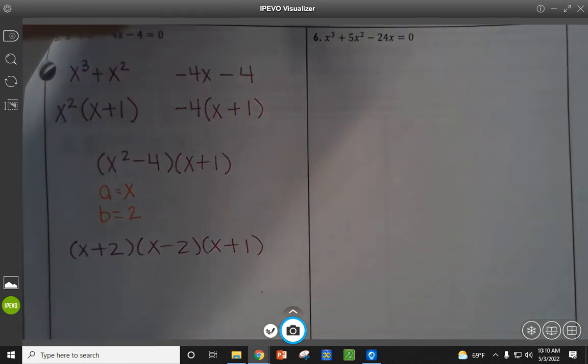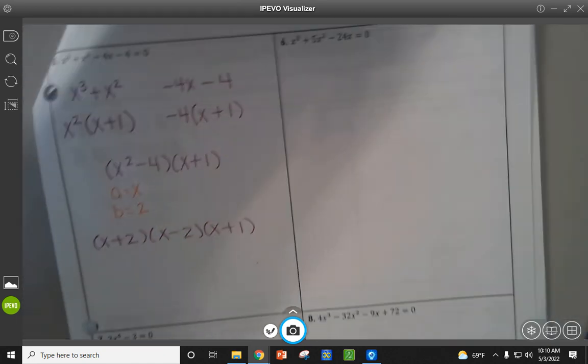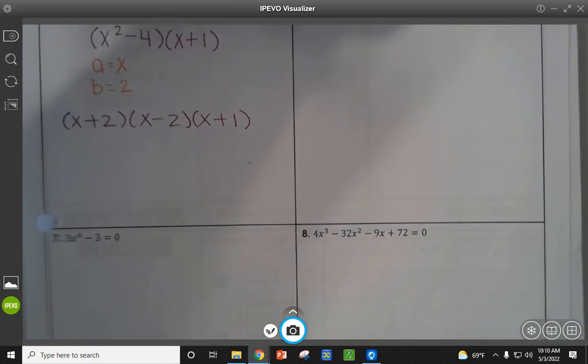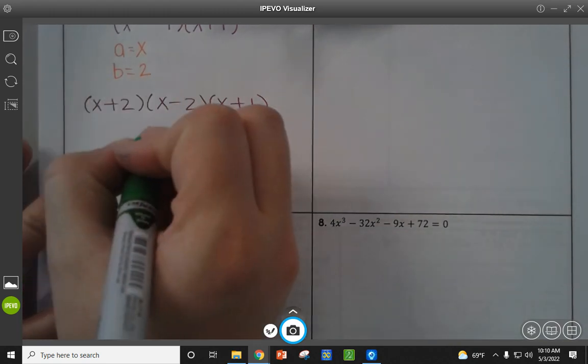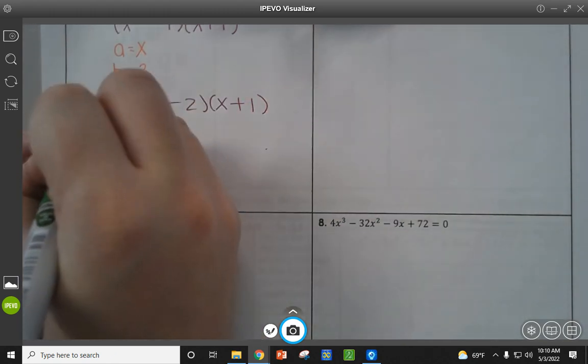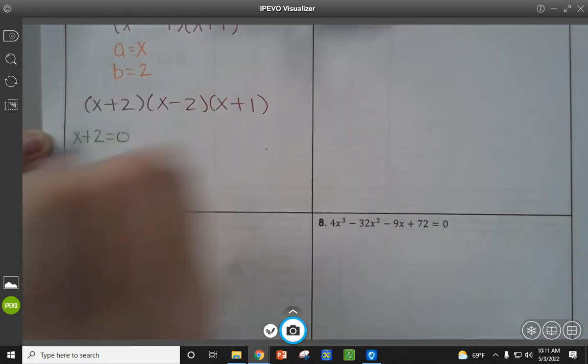And now we have 3 factors, and those cannot be factored anymore. So we set them all to 0. x plus 2 equals 0.